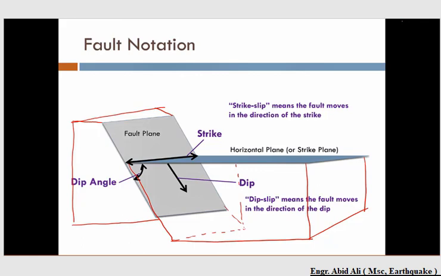Either way, if it slides up or down, we call it a dip slip. So you have strike slip, meaning translation movement in the direction of the strike, or dip slip, meaning up and down movement on the fault plane in the direction of the dip.